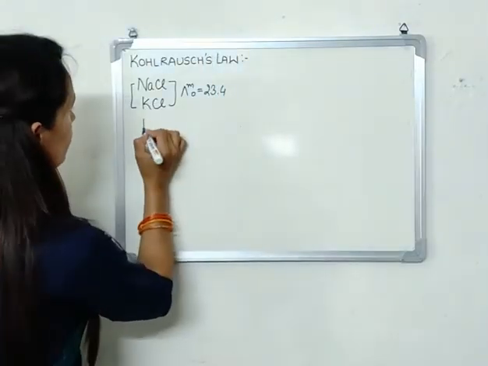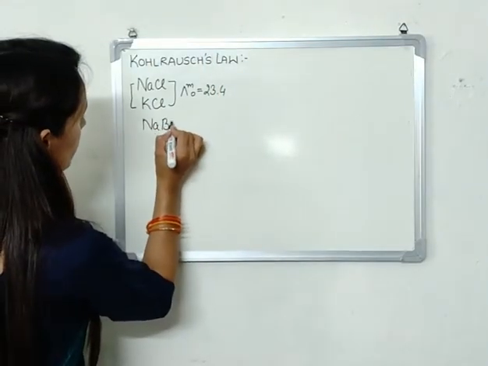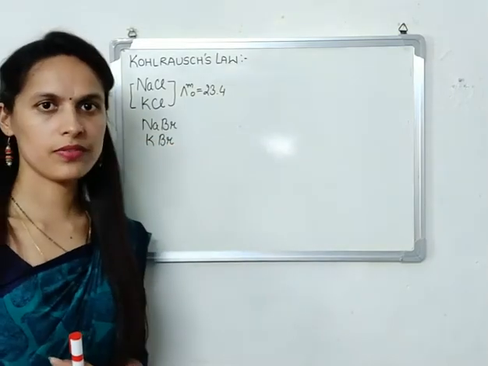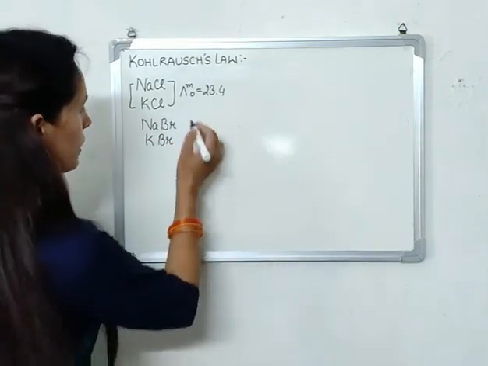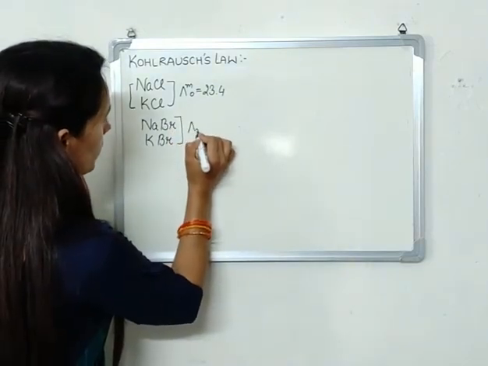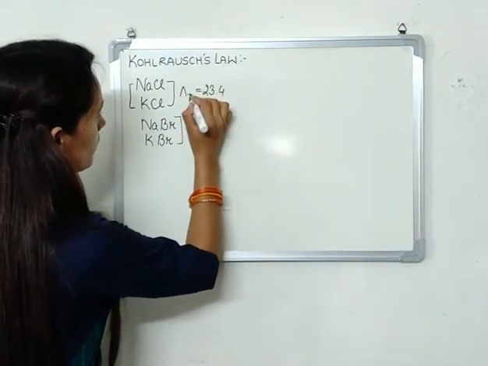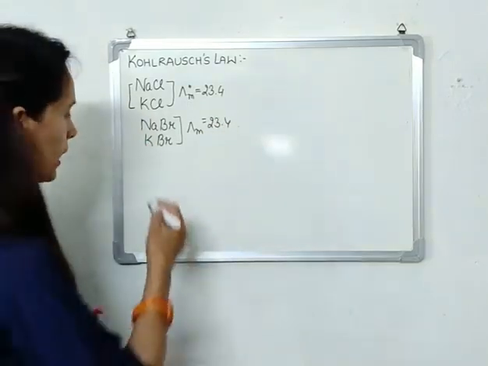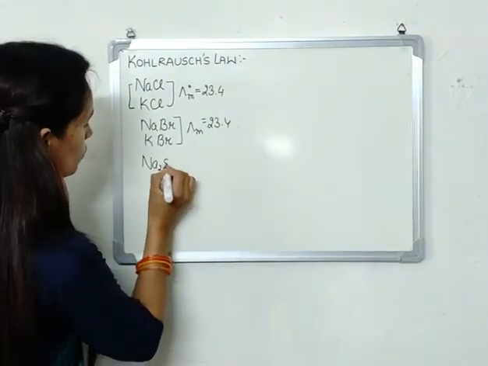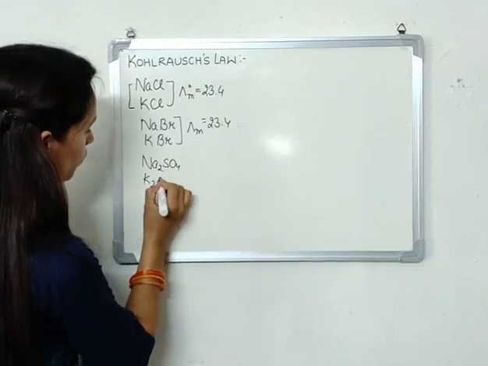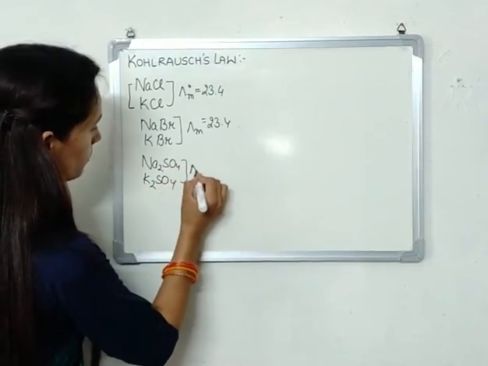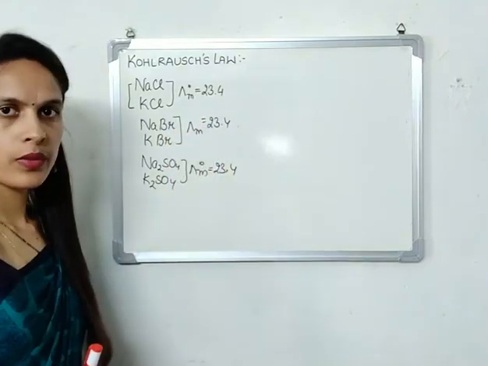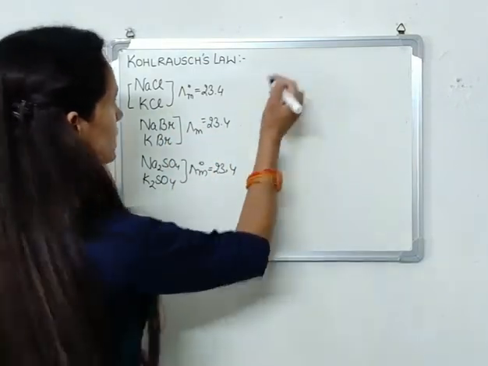Similarly, for NaBr and KBr, the value also becomes 23.4. If we take Na2SO4 and K2SO4, the value also becomes 23.4.